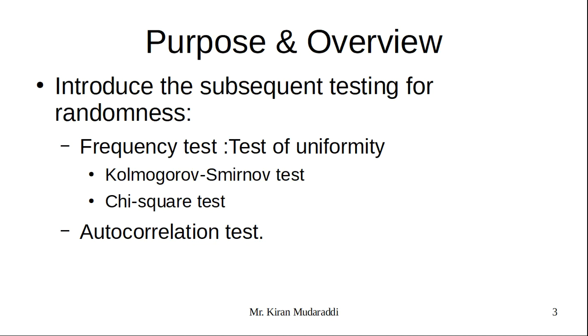Here we are going to introduce testing for randomness. There are two tests basically, the frequency test and the autocorrelation test. The frequency test is used for testing uniformity. Uniformity is one of the basic characteristics of random numbers, and the autocorrelation test is used to test for independence.